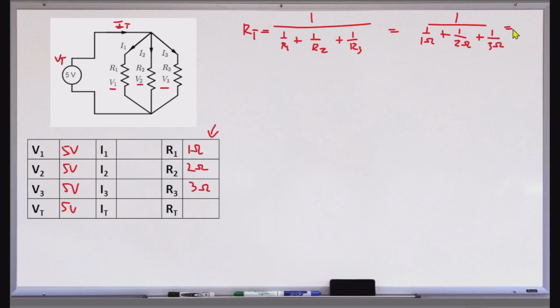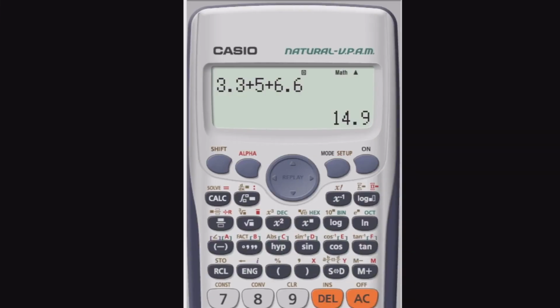So that will give us, let me use the calculator. The fraction sign is important. For the bottom, I have to input first the open parenthesis and then the fraction sign.